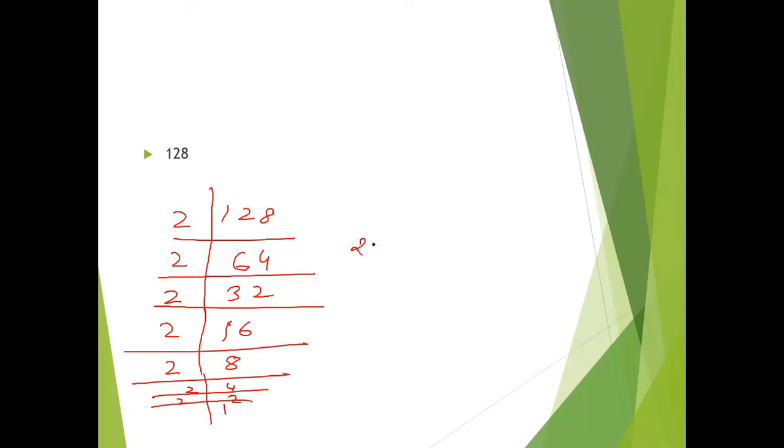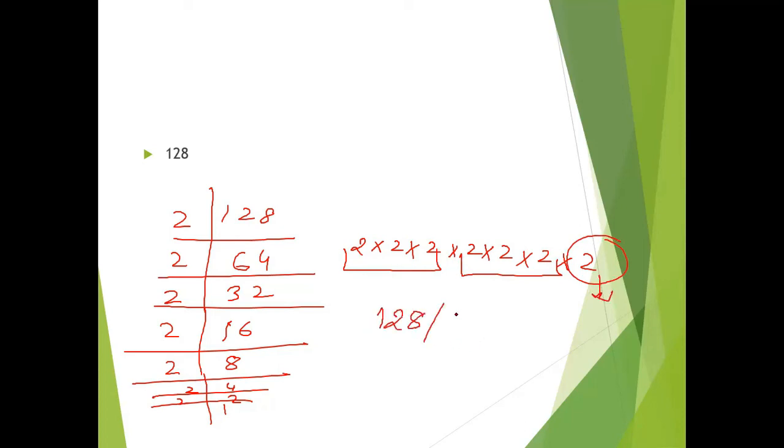So here we have 2 seven times. These three are making a group. These three are making a group. This is extra. So when I divide 128 by 2, I will get a perfect cube. So the answer is 2.